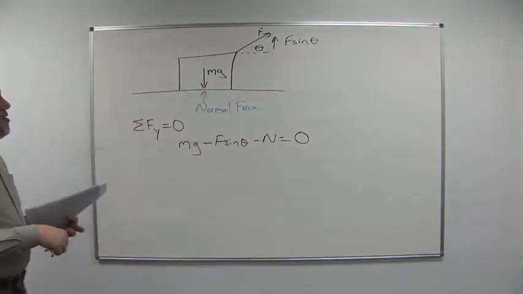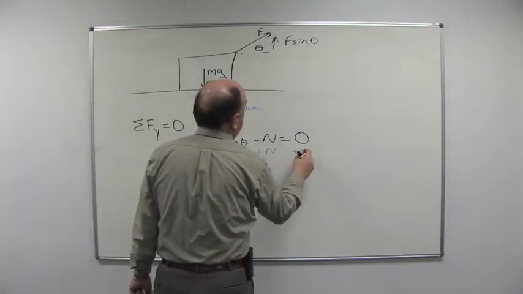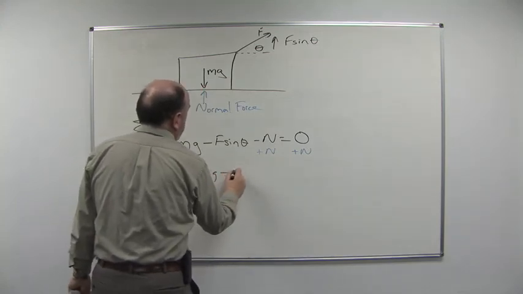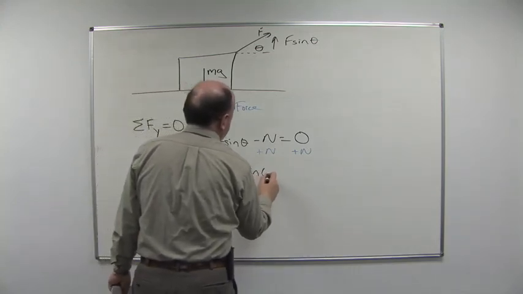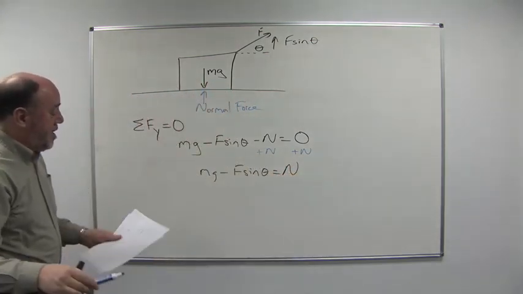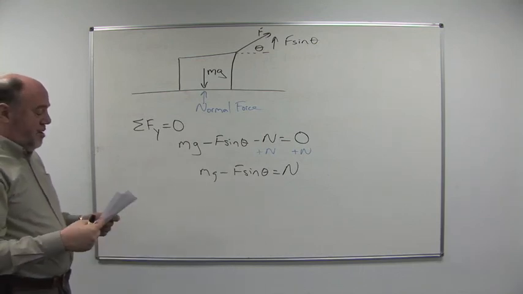So again, we can solve this for n by bringing the n to the other side, and we get mg minus F sine theta is going to equal n. So the normal force has to respond to whatever the applied forces are.